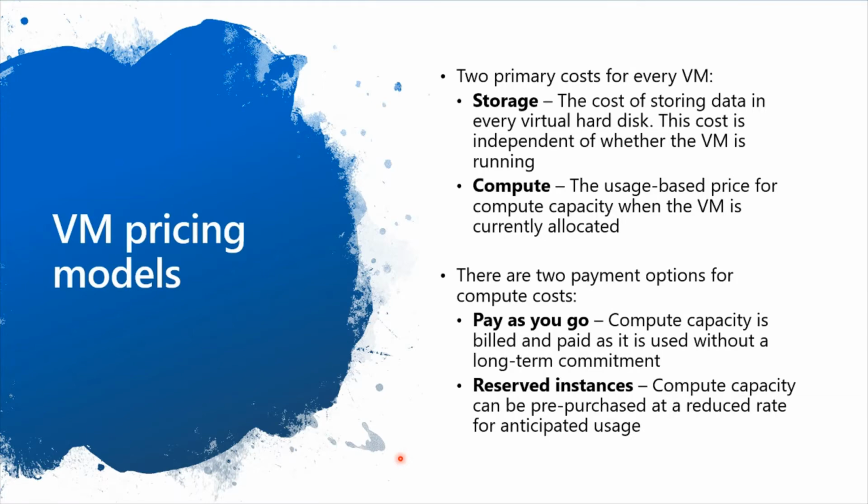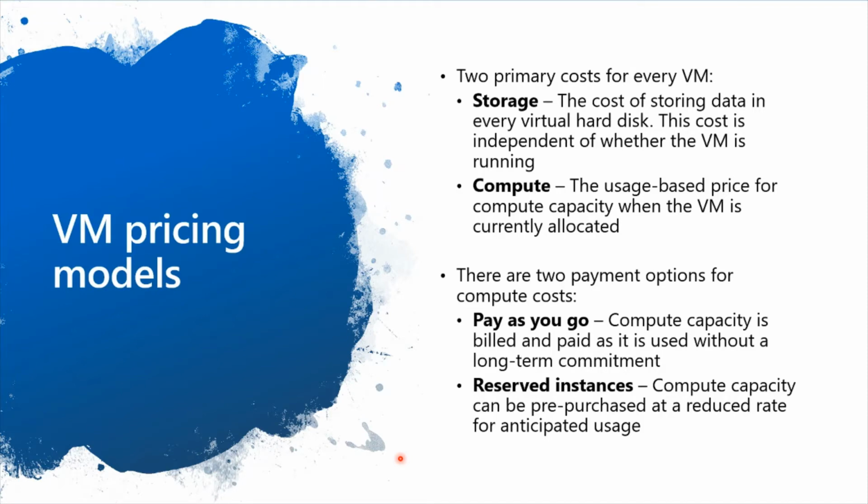So the actual machine and its capacity. As I said, there are two models: pay as you go and reserved. With pay as you go, the compute capacity is billed and paid as it is used, without a long term commitment. The second one is a reserved instance.